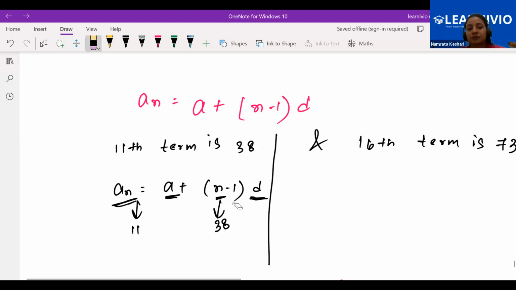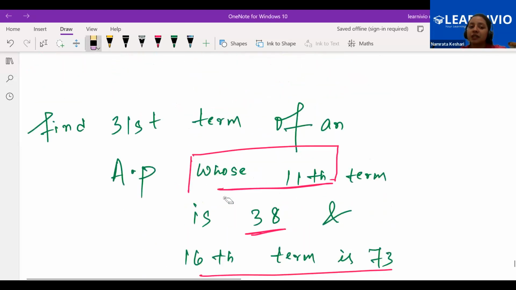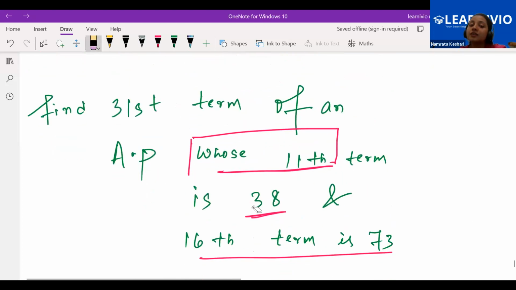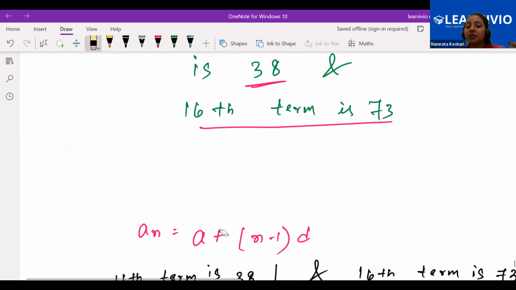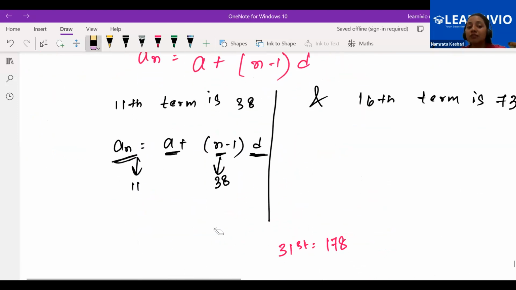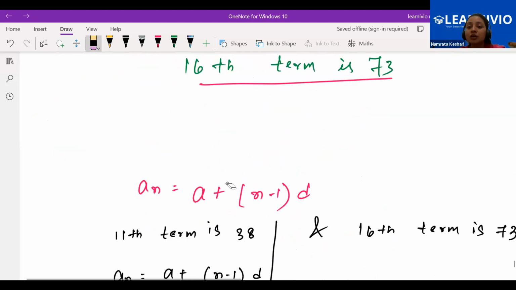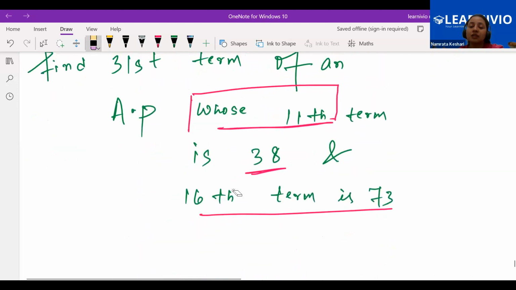Exactly. That's what I'm explaining. That you should understand what is N and what is AN, because I have seen most students get confused with this one. Galvin, N means which term? Suppose I ask you, Galvin, this time your rank in the class, maybe you will say first, maybe second, maybe third, maybe fourth.